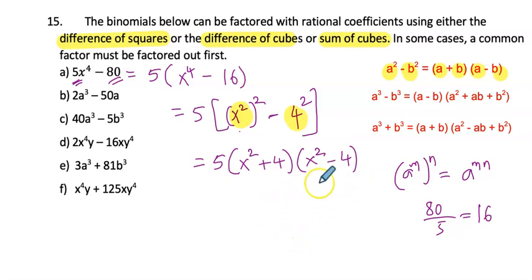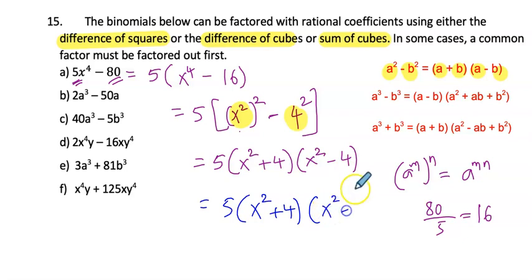And you are not done yet. Further, you look into these factors and check if they can be factorized further, to the next level. Let us see, 5 times x square plus 4 times x square minus 2 square, I can write. Again, it is a difference of squares.